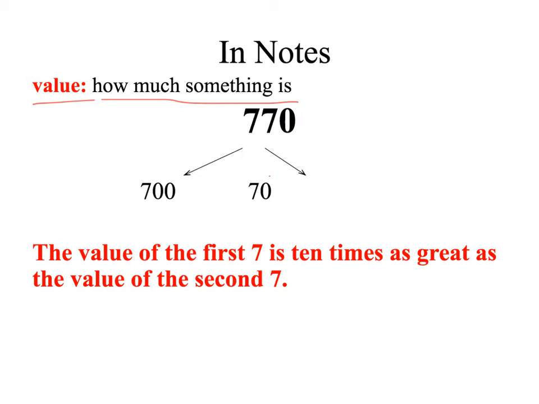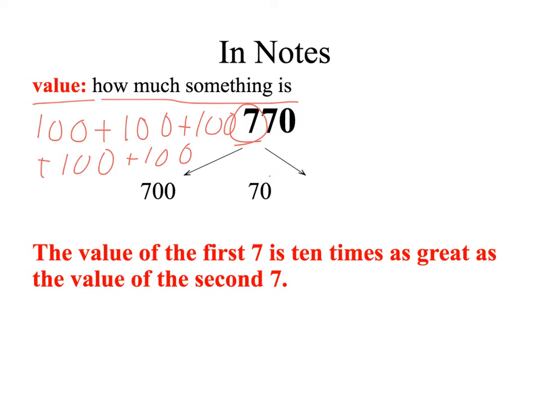If you look at the value of the first 7, it's in the hundreds place. So that means that I have 7 hundreds. So if I have 7 hundreds, 100, 200, 300, 400, 500, 600, 700, which would equal 700, that is the value of it.